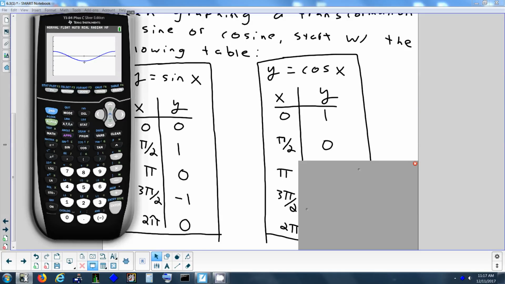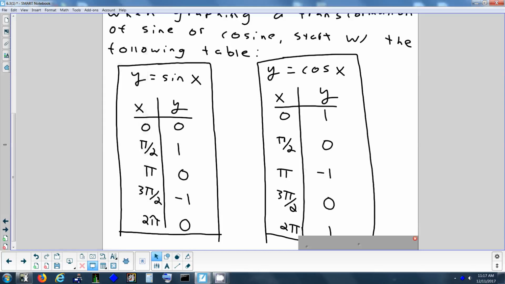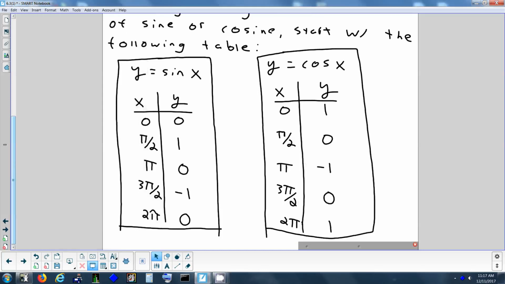Halfway through the period, we're at pi, and what's my y value there? I'm at -1, 0, and back to 1. So it's the same y values, but it's kind of like a different order. Sine starts at 0. It's opposite. Cosine starts at 1.